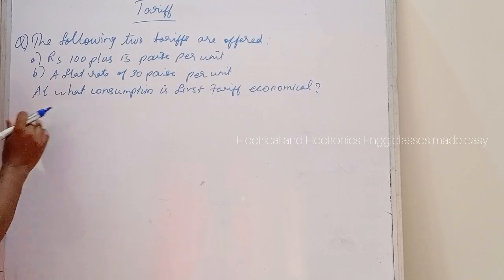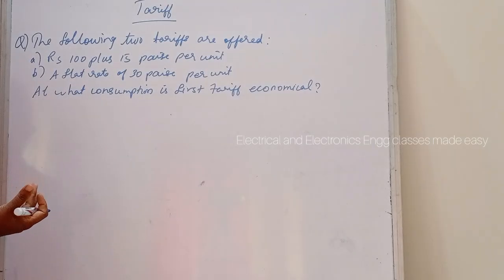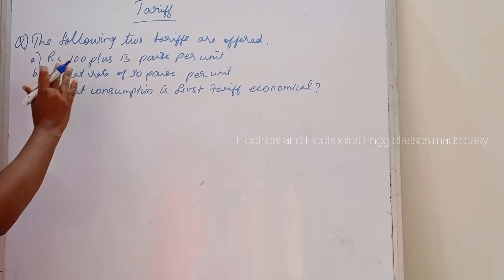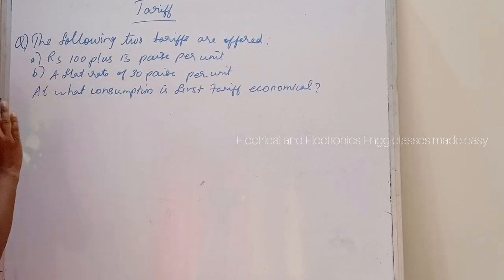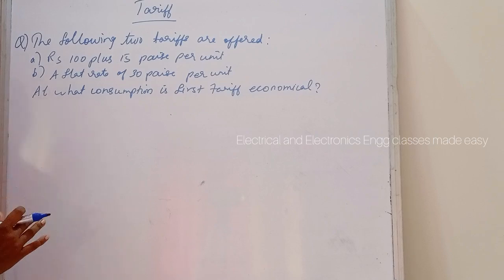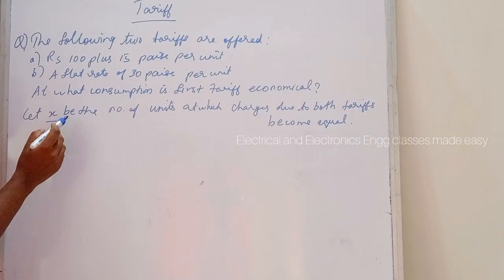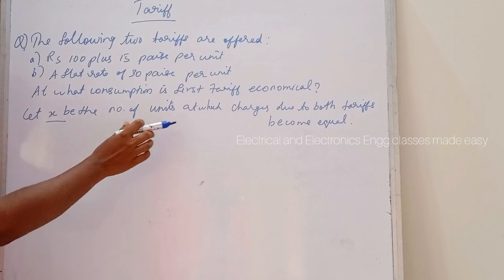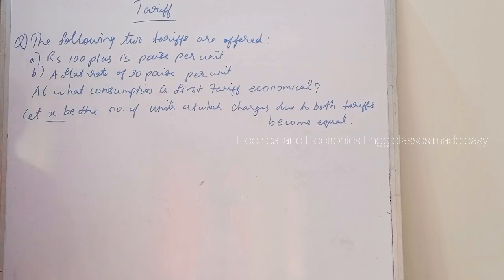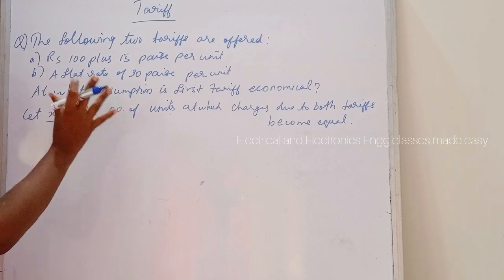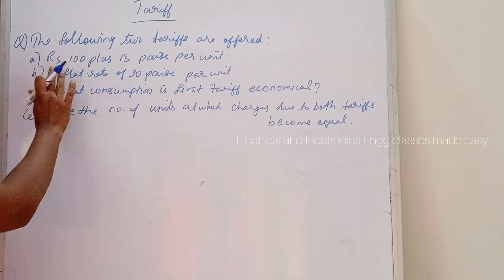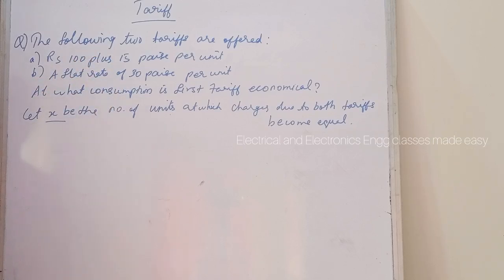To find that, we have to find the number of units at which the charges are equal. That is, let x be the number of units at which the charges due to both tariffs become equal.